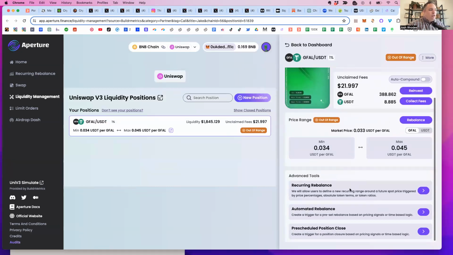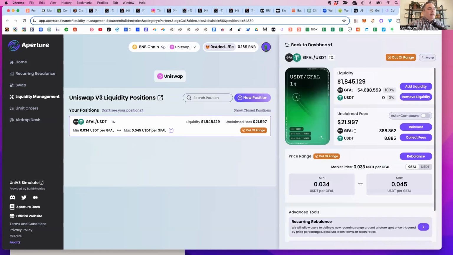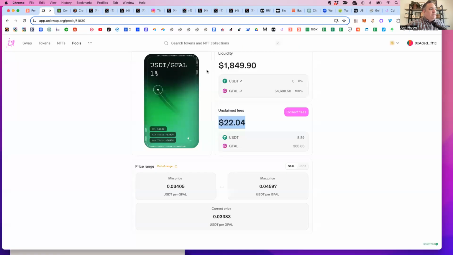You can get it to move your price ranges for you. You can automate all of this if you want to. During times of volatility, it could be helpful. I do not have a lot of experience with this platform, but it doesn't cost any money right now. They are not charging to use this. So there's not much to lose, but I would recommend managing your pools manually for a little bit.